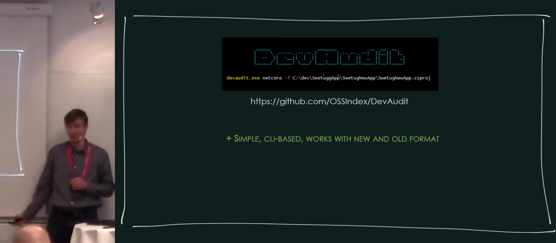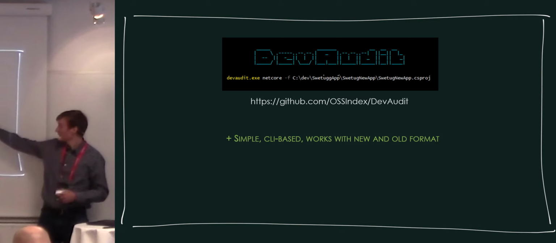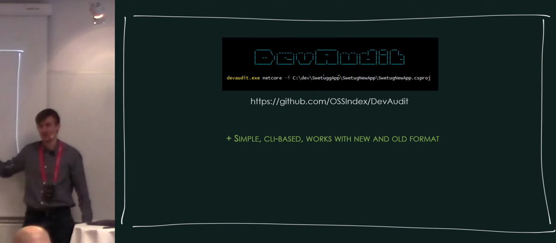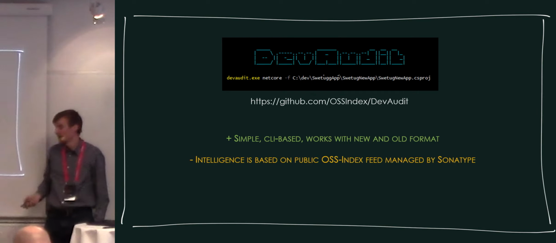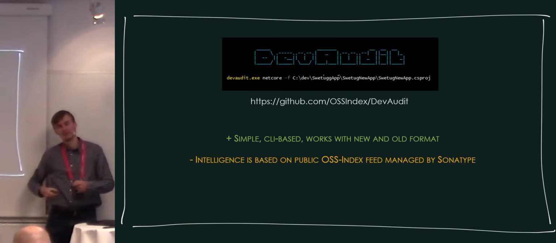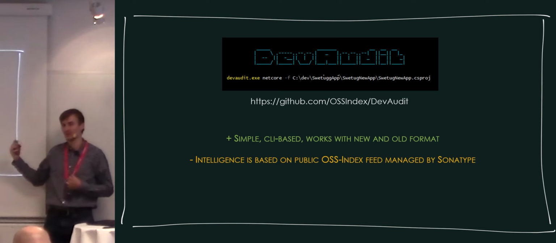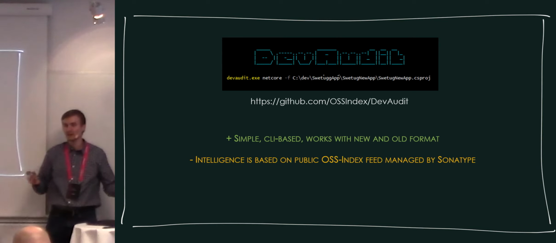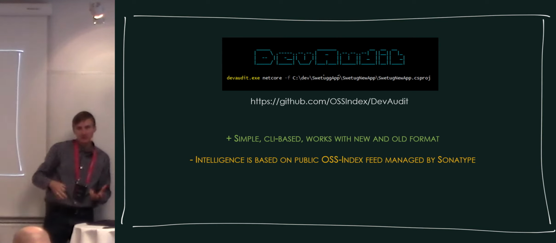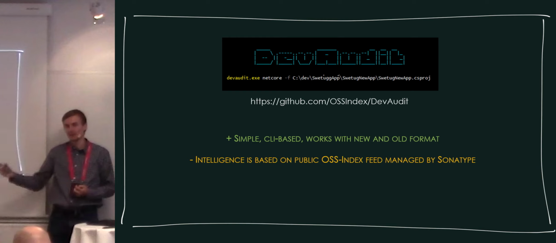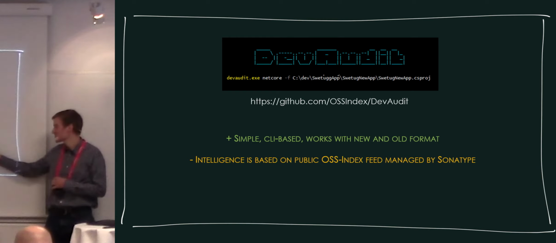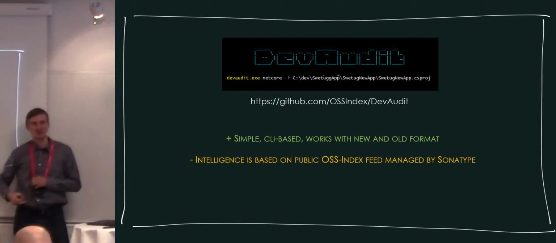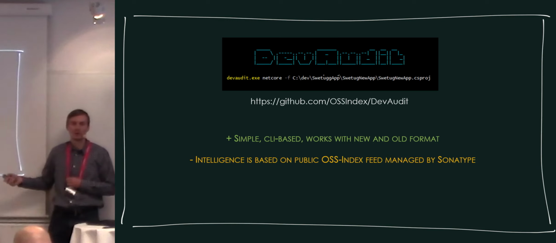So what's so good about it? Of course, it's CLI based. It's literally with this command you can run the check, so it's super simple. However, the intelligence is based on the feed managed by Sonatype. Sonatype is the company behind SonarQube. They claim it's good quality, but I think the private intelligence feeds for vulnerabilities usually have more information and they may get it quicker.